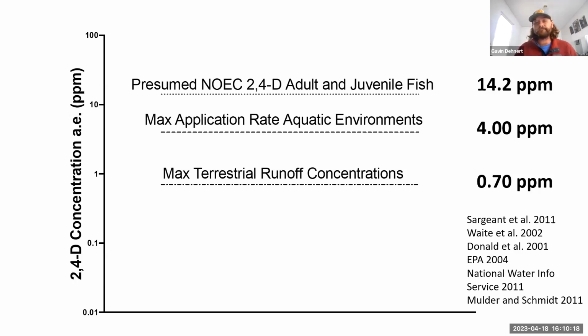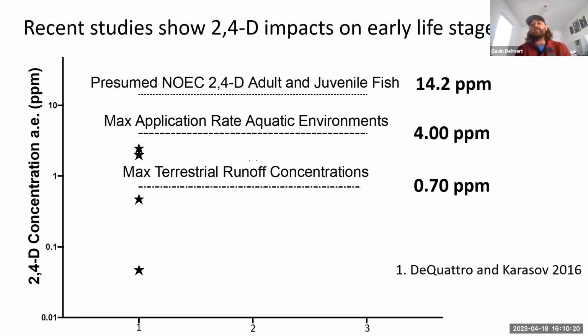Now, a recent study kicked off all of this work back in 2016 by my predecessor, where he found that early life stages of fathead minnows had impacts to survival at extremely low levels.